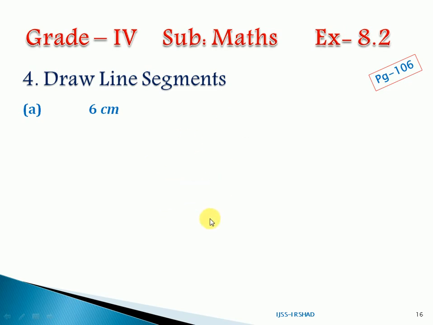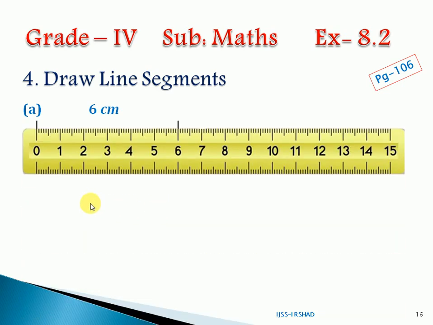Just see here, practically I will try to show you how you will do. Let's have a scale. So this is a scale, and here I have given a mark at 0 and one mark at 6. You can just put a point, not a big mark, just give a sharp point at 0, and at 6. Then what you have to do, just trace a line along the edge of this scale from 0 to 6.